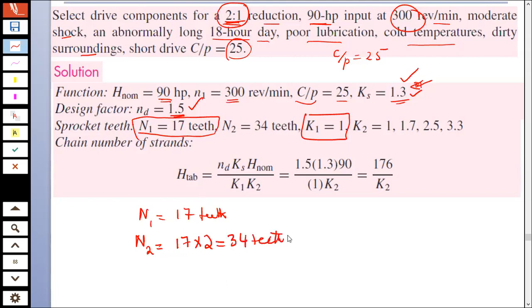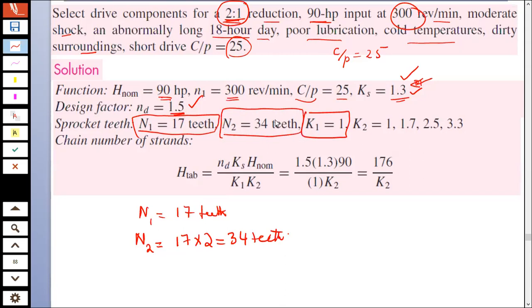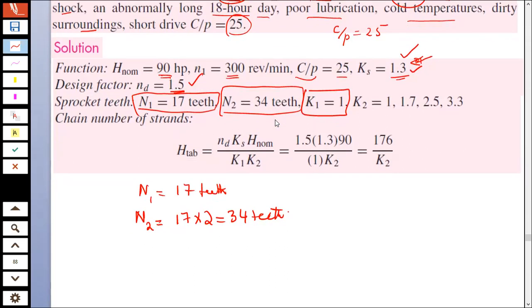So the number of teeth on the second sprocket will be 34. Also, if you go back to the table, for a single strand, K2 is 1. For double strand, K2 is 1.7. Three strands, it is 2.5. For four strands, it is 3.3.